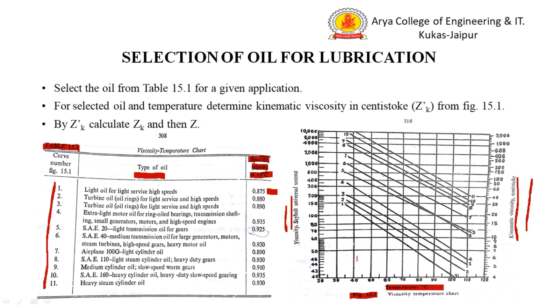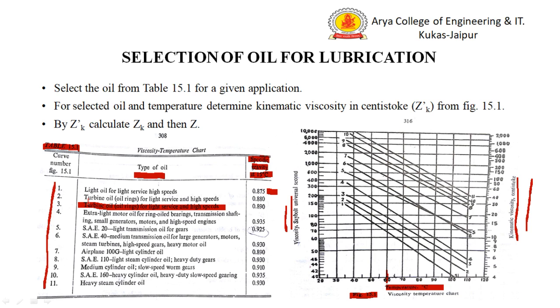So first we select an oil from table 15.1. Let me take oil number 3 and we assume that the temperature of the oil is 60 degrees centigrade.